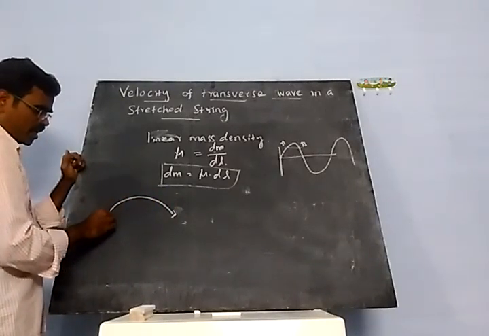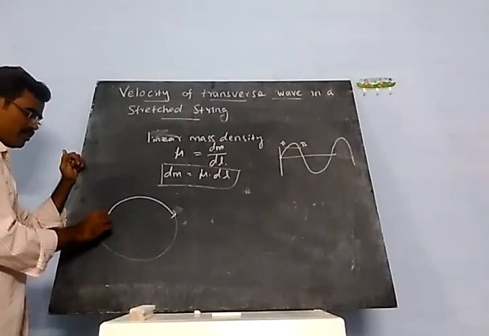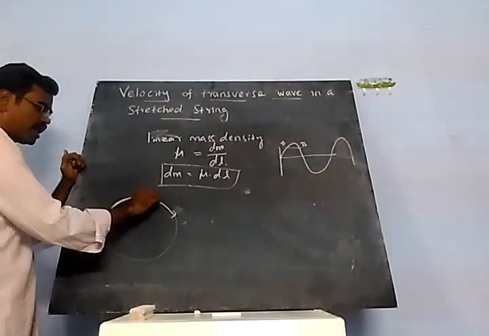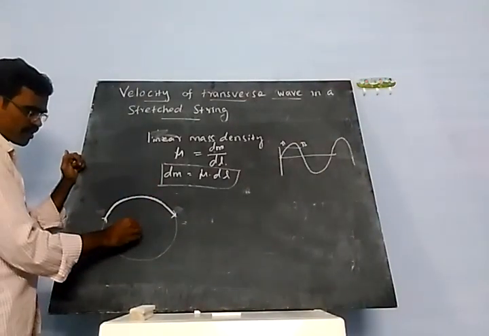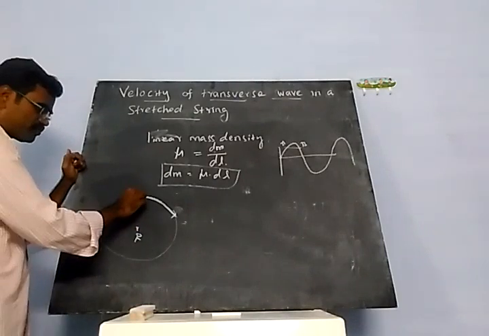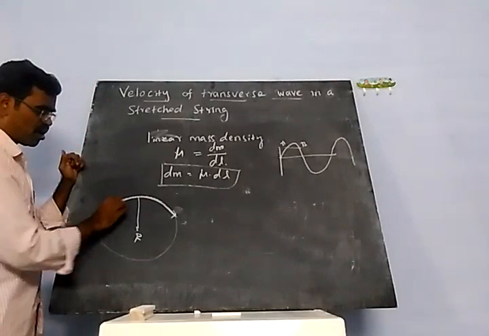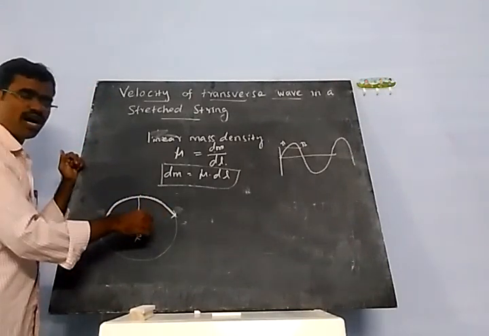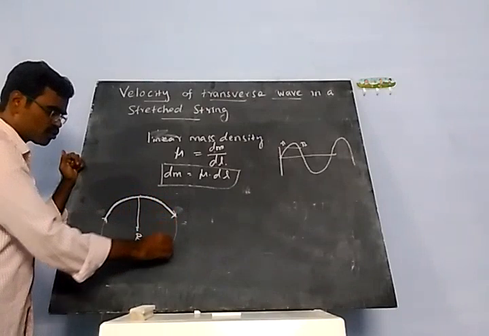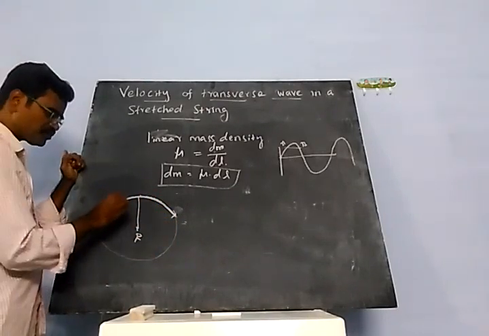This will be like a circle, and a circle has a radius. That radius is R. So this will be an arc of a circle. I am going to draw that circle, whose radius is R.